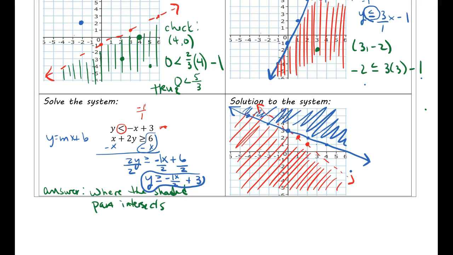Color is probably the best for now. So if you've got map colors at home, feel free to do that. But I see that these shadings overlap right in here. So between this red one and this blue one is where my shadings overlapped. So I'm going to make a point to say that my answer is anything in there.